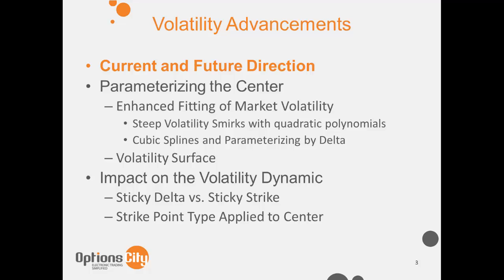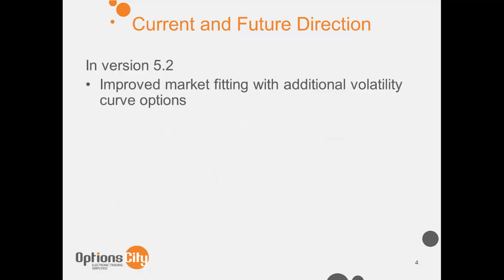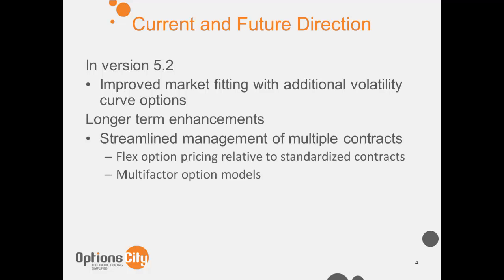Okay, so let's start with 5.2 right now and where that's bringing us. What we've got is some improved market-fitting volatility curve options, namely the ability to unlock the driver point of the curve. The center typically was modeled on the spot price, and now we're parameterizing that.